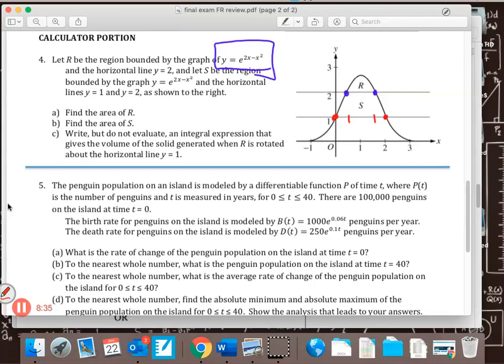So the other method is to find the area of this whole region, right? Just go 0 to 2, kabam. Find the area of the whole region, and then subtract what you got in part A for R. Subtract that out, and what you're left with is S. So it's slightly easier, it involves 2 integrals instead of 3, or 1 integral and just subtracting the number.